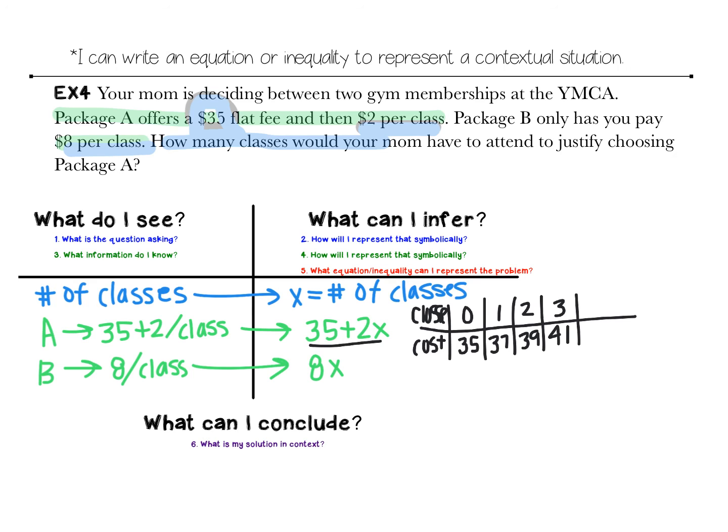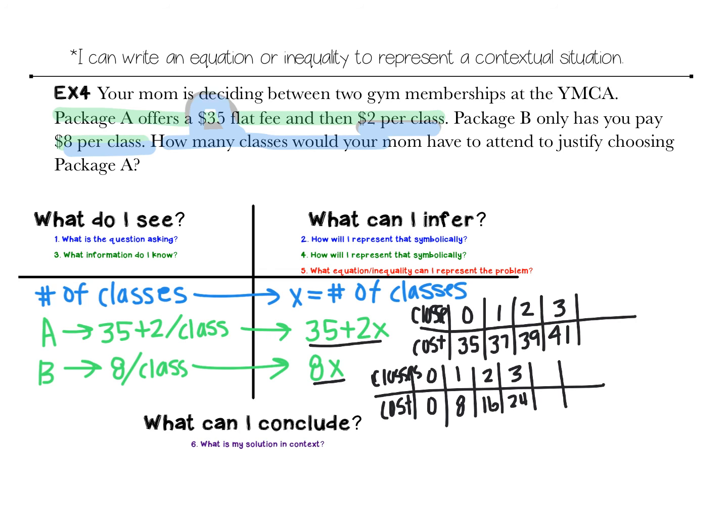Okay? So in this case, same thing, classes and cost. And in this case, if I take 0 classes, I pay nothing. If I take 1 class, I pay $8. If I take 2 classes, I pay $16, and so on and so forth.